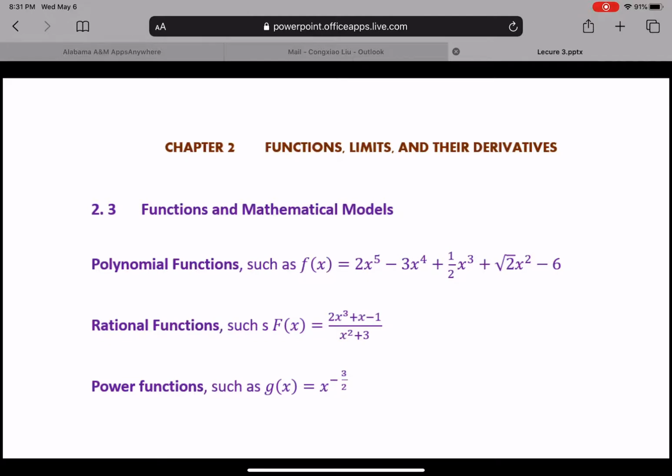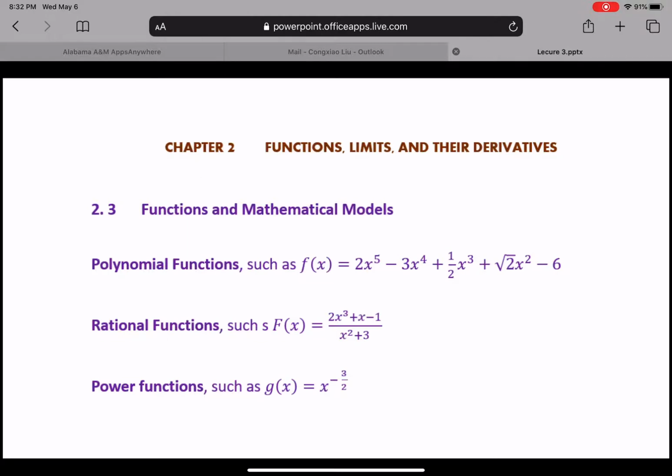So what is a polynomial function? A polynomial function is a function like f of x equal to 2x to the 5th minus 3x to the 4th plus half x cubed plus square root 2 x squared minus 6. So this is the finite sum of terms with positive integer powers of the variable.